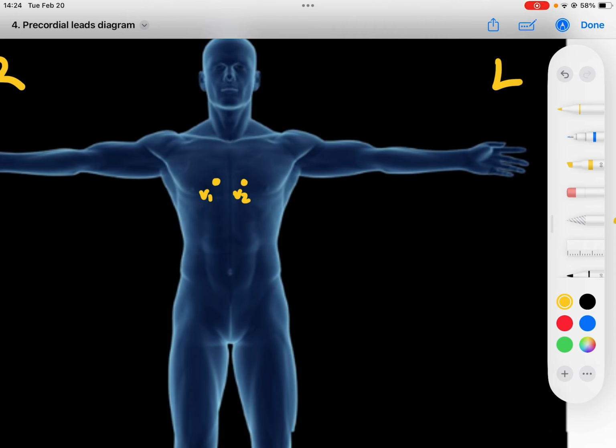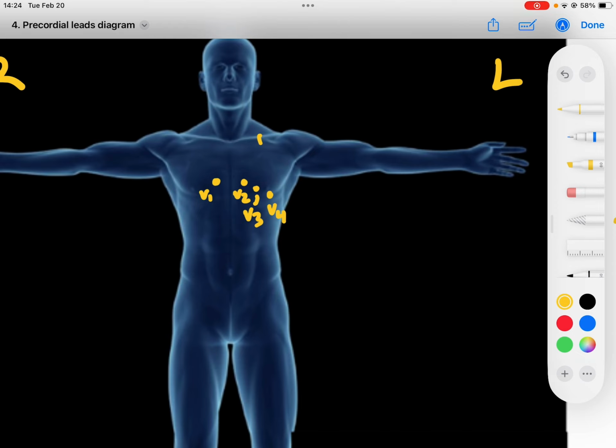You actually go down to the 5th intercostal space, at the midclavicular line. The clavicle is right here, so the midclavicular line goes down. So V4 is the 5th intercostal space, midclavicular line. If you go in between those, that's where you get V3.